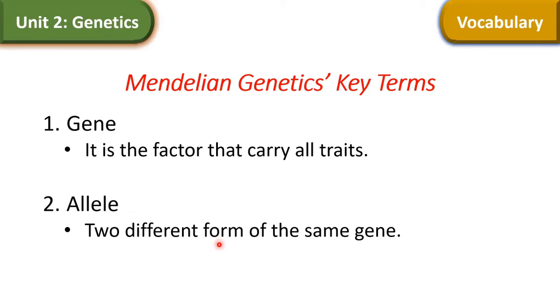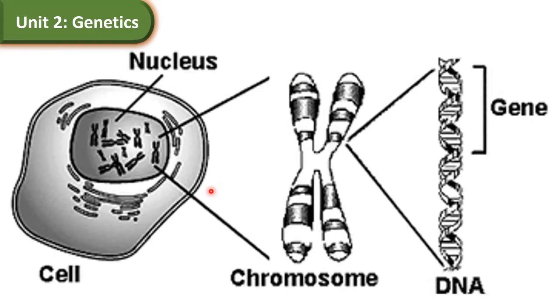So where can we find this gene and allele? In your second lesson, we've learned already the structure coming from the biggest to the smallest. We go from the cell, the nucleus, the chromosome, to DNA, and your gene is a section or a part of your DNA.